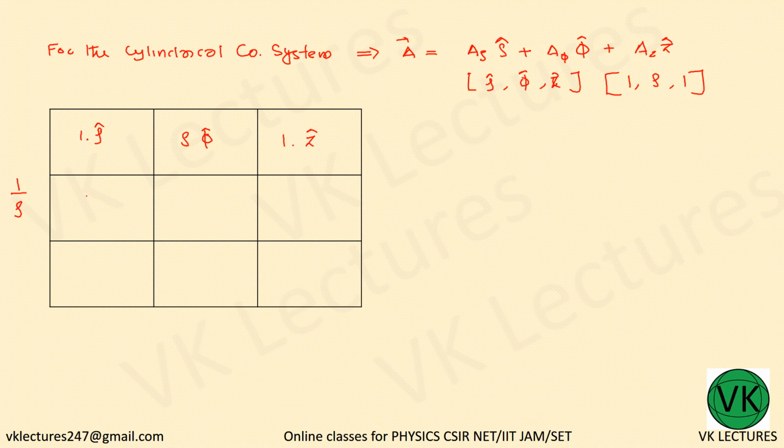Here it is dou by dou rho and dou by dou phi and dou by dou z. And this is again h1 into A rho, so 1 into A rho, h2 is rho into A phi, then 1 into Az.